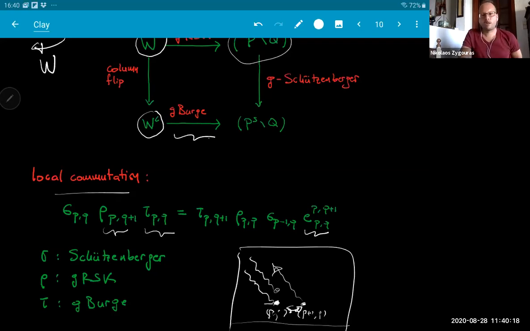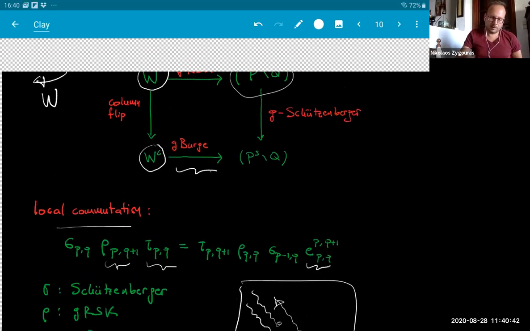We don't have a good explanation why this holds. We proved it, but I think maybe there's something deeper in there. It's possible that the new Yang-Baxter technology can recover it somehow, but we don't know.